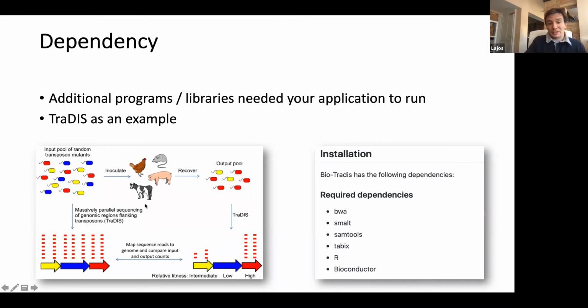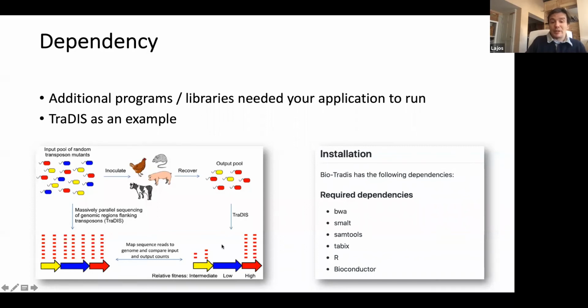But the main purpose of this method is to check if there are genes essential for specific microenvironments for the bacteria, or specific nutrition, for example, to survive. And what you do is that you also grow your library, or inoculate your library, into different animals or different conditions, and check which gene knockouts are not surviving in these conditions.